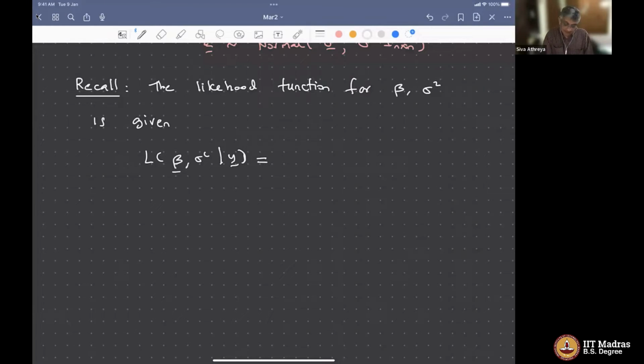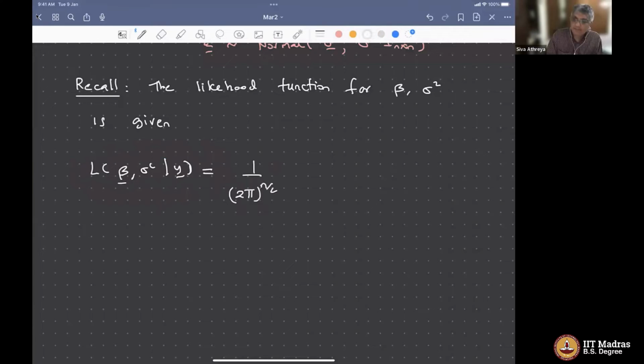It's the multivariate normal density. So it's 1 over (2 pi) to the n by 2, times sigma to the power n, times the exponent of minus 1 by 2 sigma squared, because it's still uncorrelated, times y minus x beta, that's the mean, transpose times y minus x beta. That's what the density looks like.